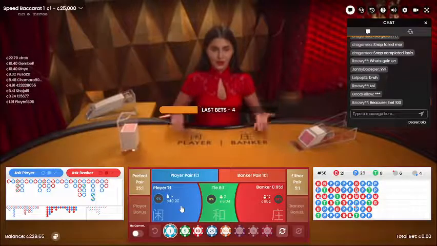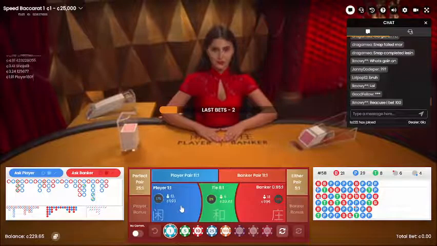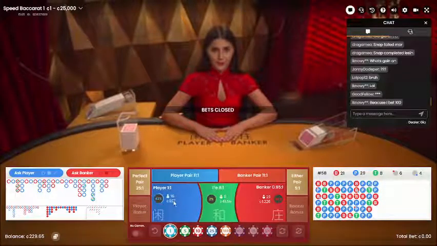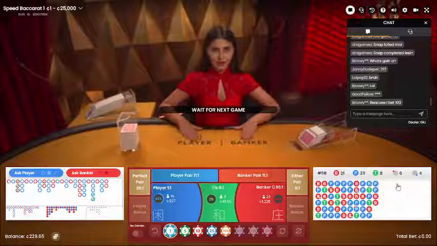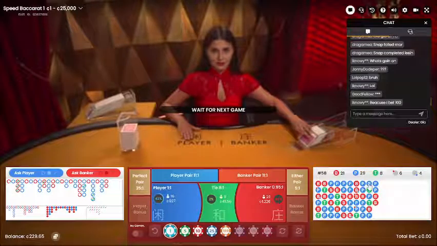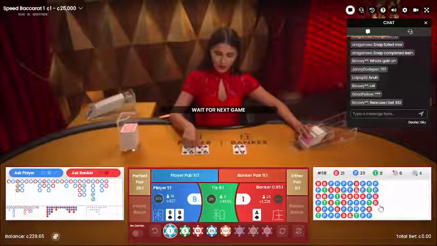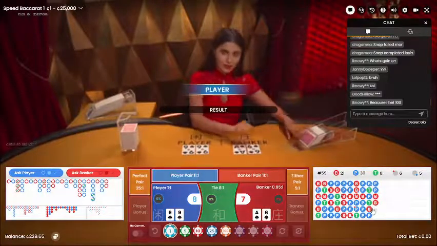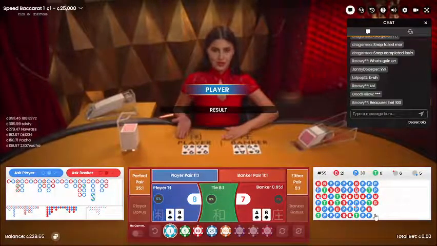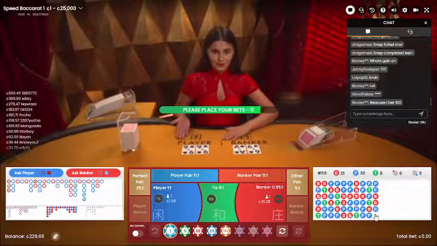Okay, so let's wait for the last 2 outcomes, and then we'll start placing our bets again. So for this one, we'll start our base pattern. That's we start from the top, blue, and then the second blue, third blue, fourth red, fifth red, and then we'll wait for the last outcome.